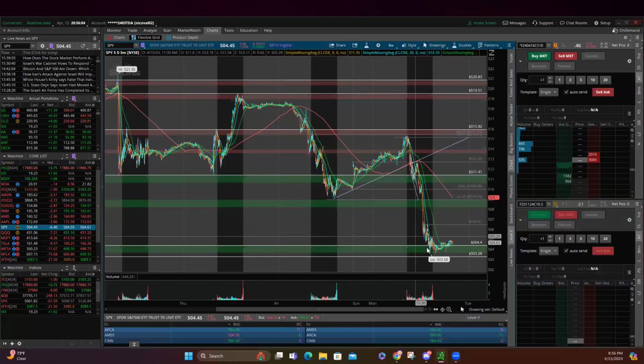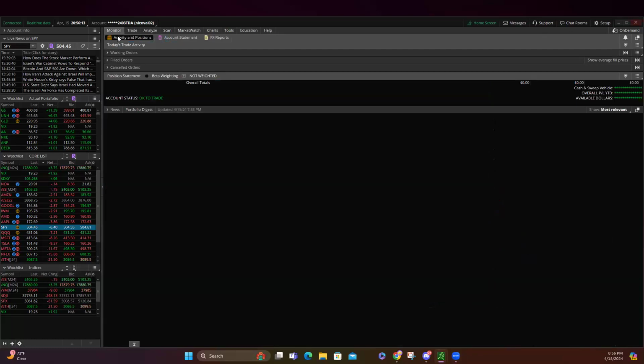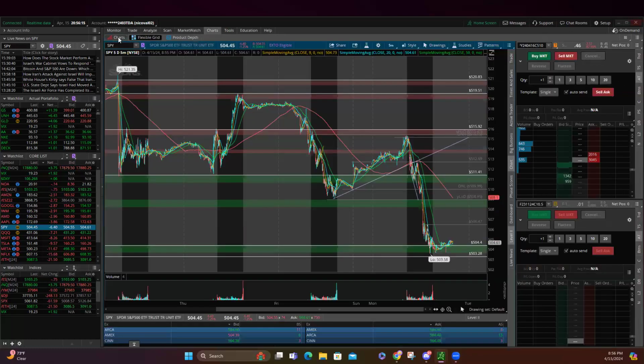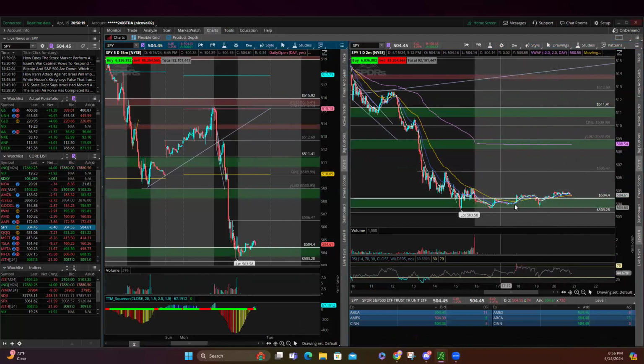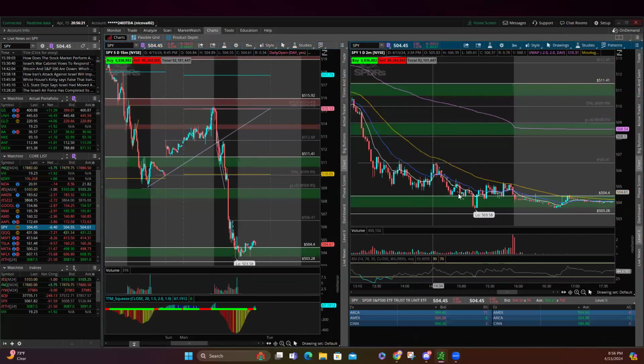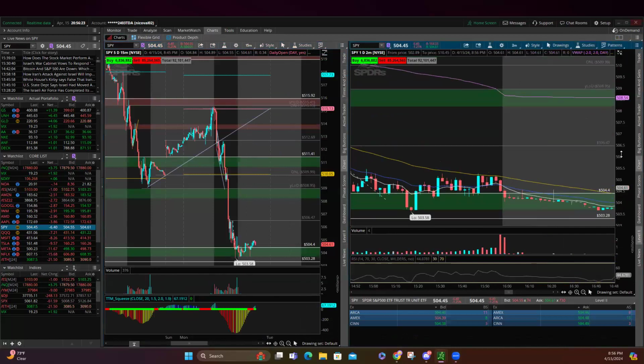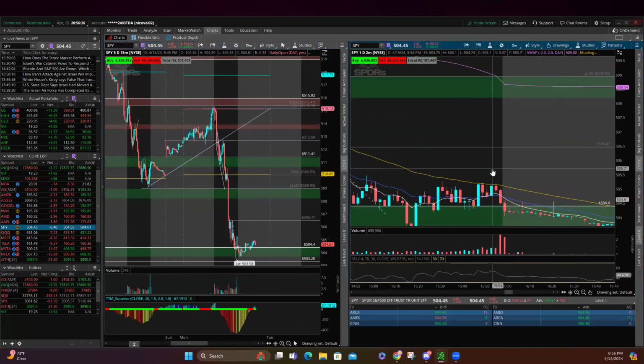I'll be going back and forth, up and down, because my normal chart, I'll watch it like this. This is my chart. This is what I watch. I watch the 2 minutes. So I try to see in great detail where my chart is, where my candles are moving.